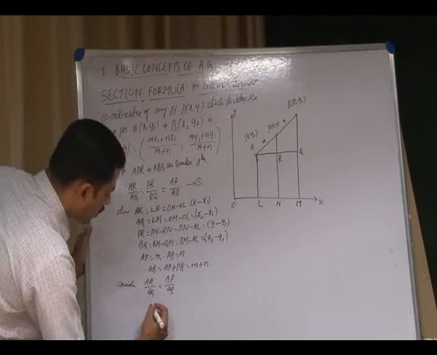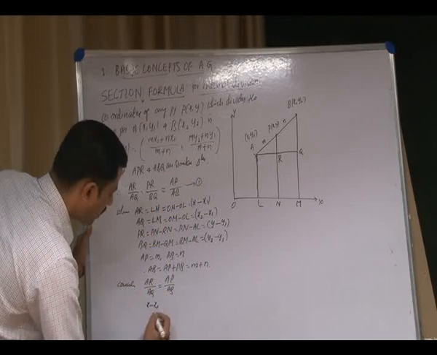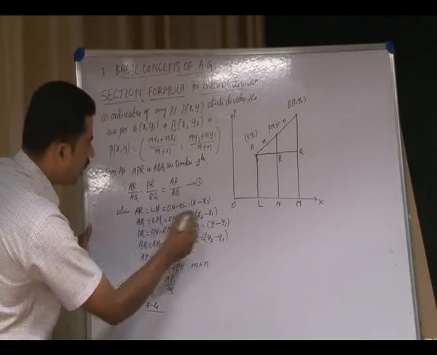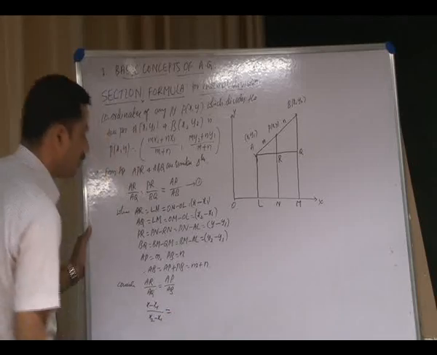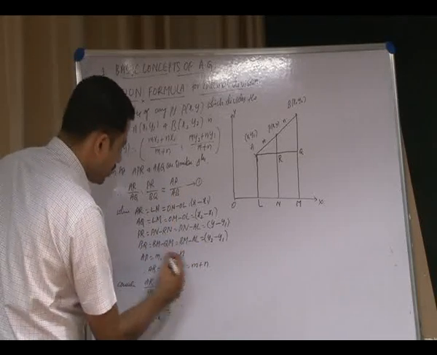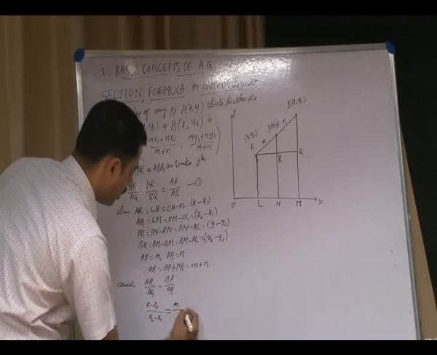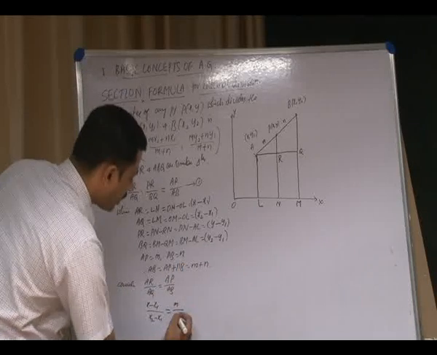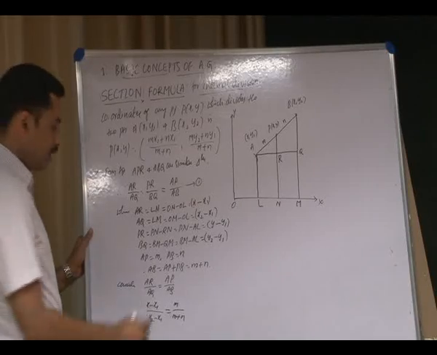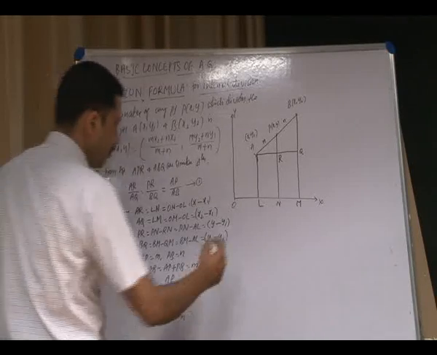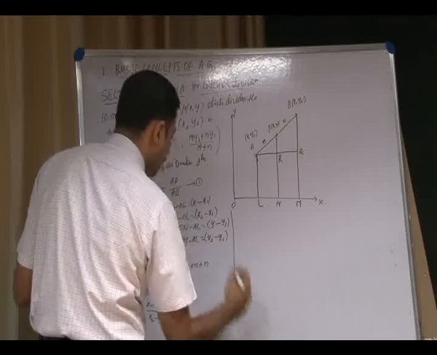AR means x minus x1, divided by AQ, which is x2 minus x1, is equal to AP, which is m, divided by AB, which is m plus n. Then cross multiply and simplify to get the x coordinate.